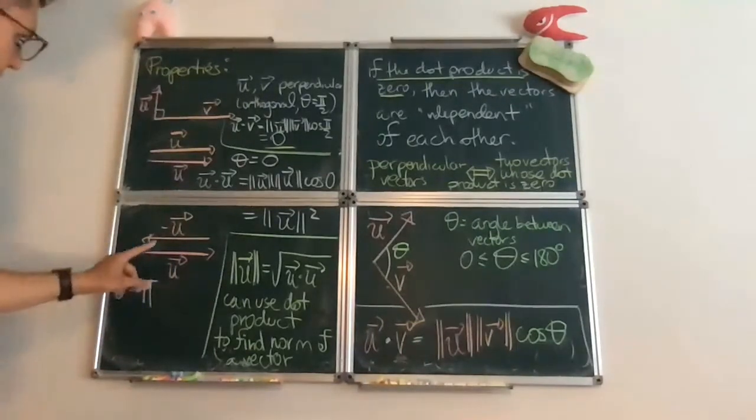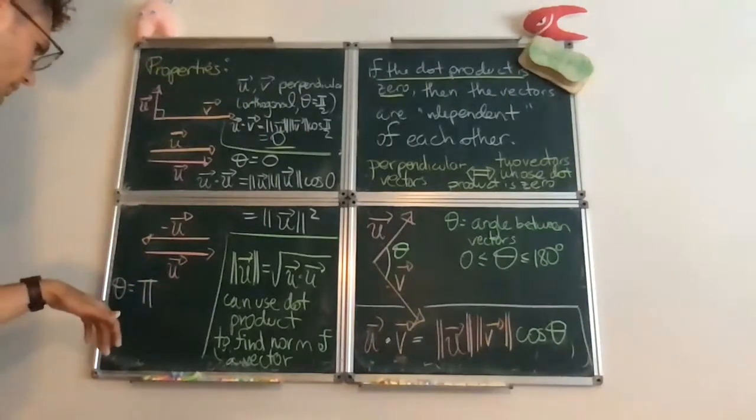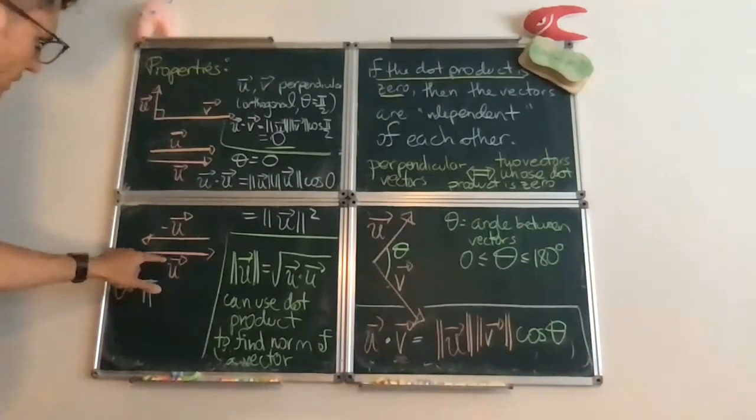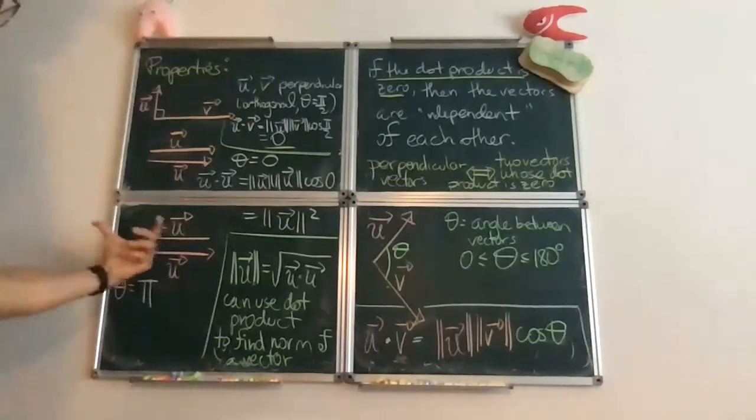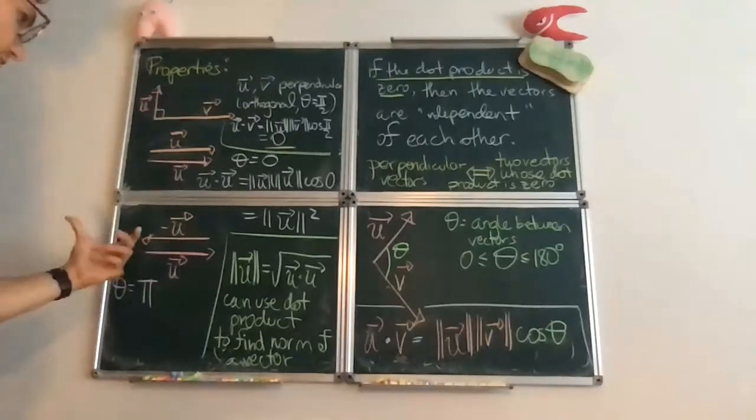But let me just say another property. So now I'm taking the vector and minus the vector, right? So again, their sizes are the same.